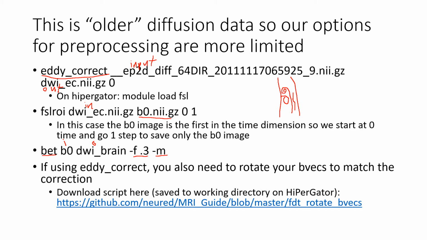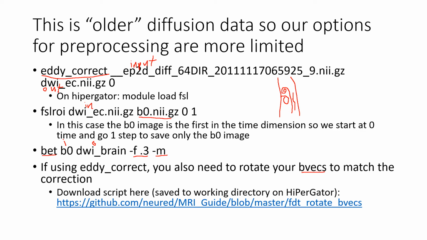If we're using eddy correct, one thing we're going to need to do is what's called a rotation of our BVECs. There's software that will do that automatically that'll be available on Hyperion for you to use. And this is important because your B vectors are a description of the direction, but what you're doing with your eddy correction is lining all of the directions, the volumes, up with one another.